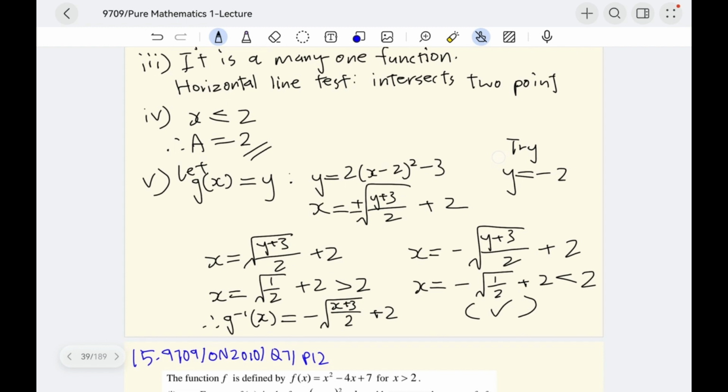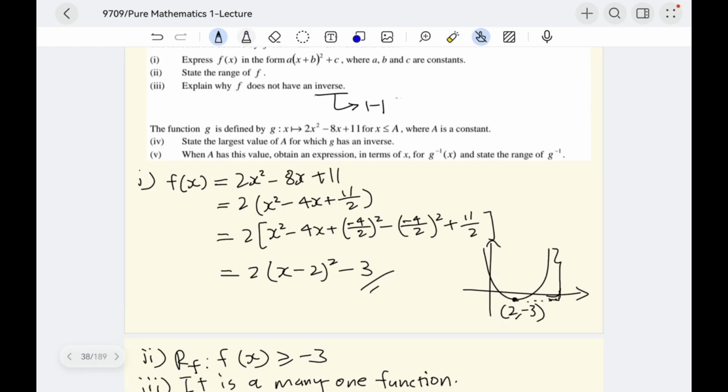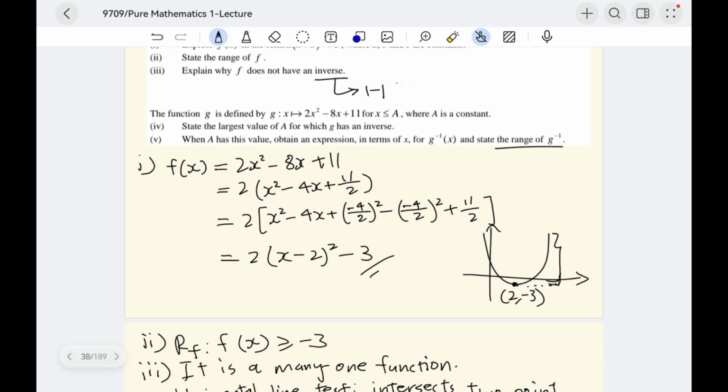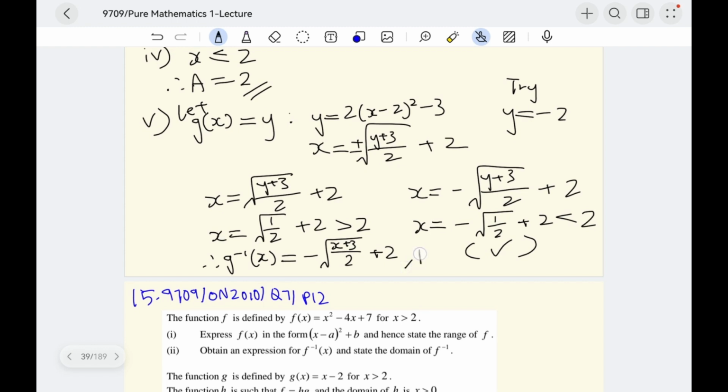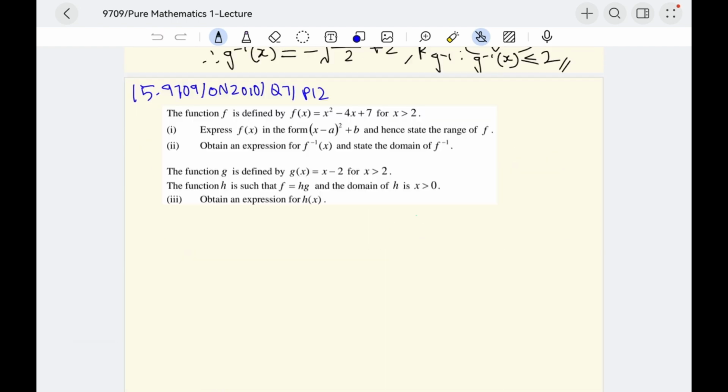As I said just now, as the range of the g inverse x meets the domain of the g(x), therefore the range of the g inverse x is literally the domain of the g(x). So therefore, the range of the g inverse is g inverse x less than or equal to 2. That's all for this question.